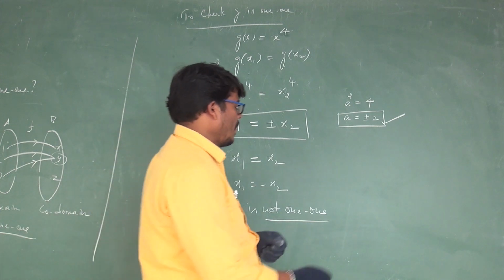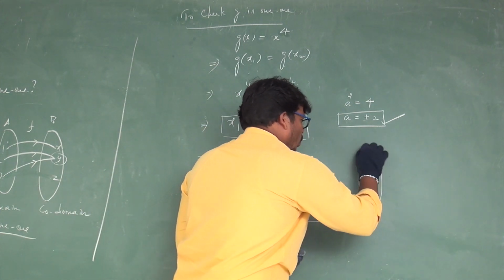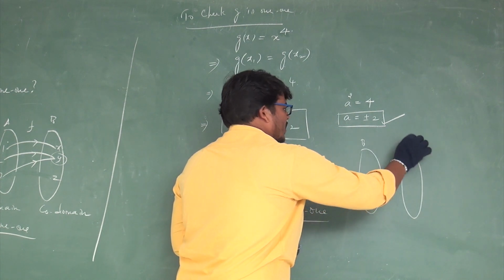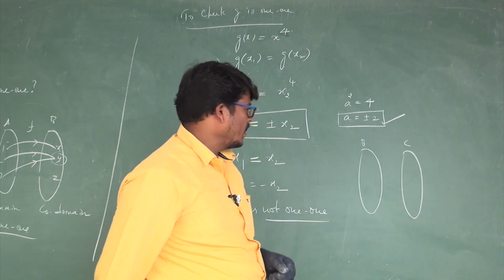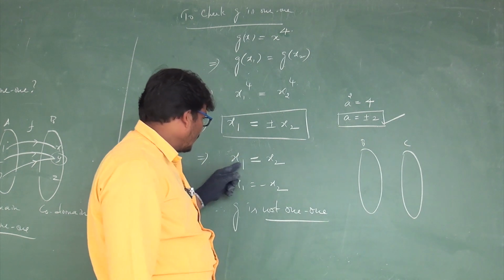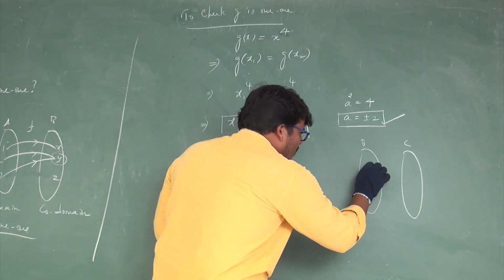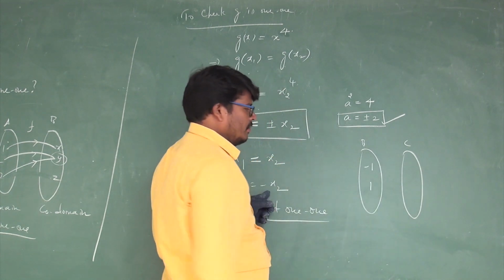For example, take an arrow diagram with a domain and codomain. The function g is defined from B to C. Take the domain values, for example, minus 1 and plus 1.